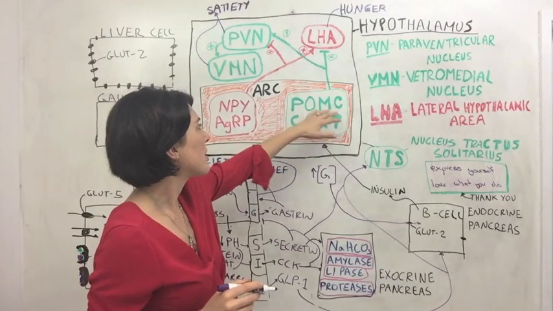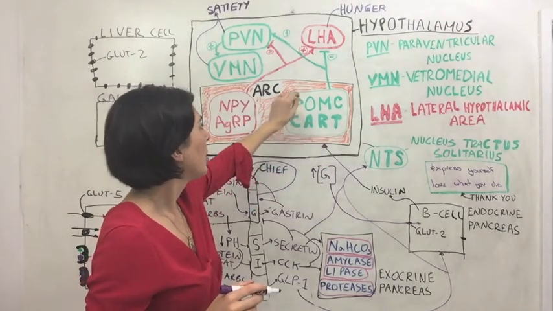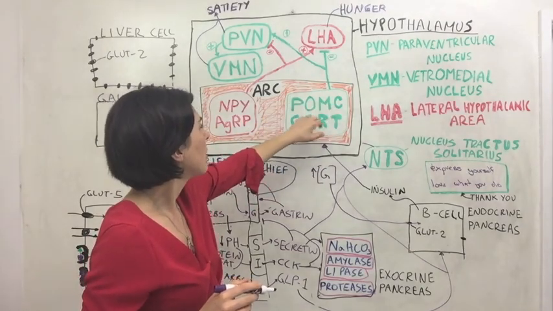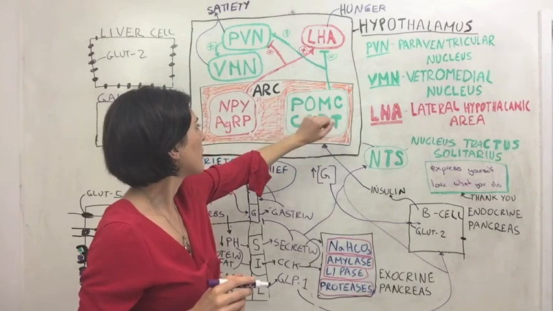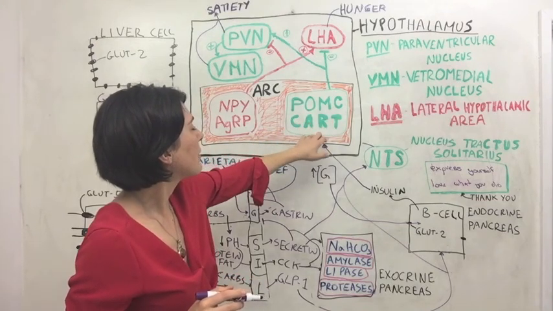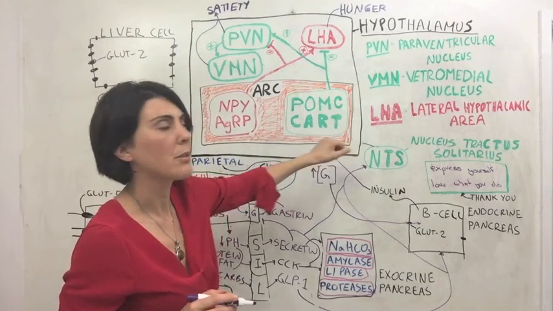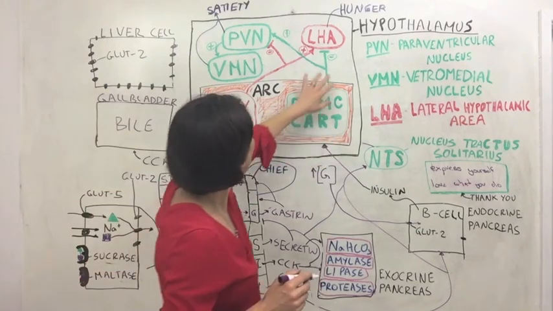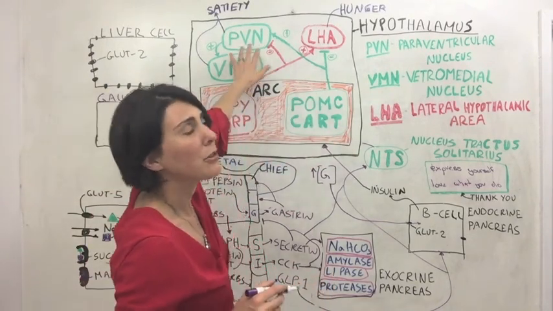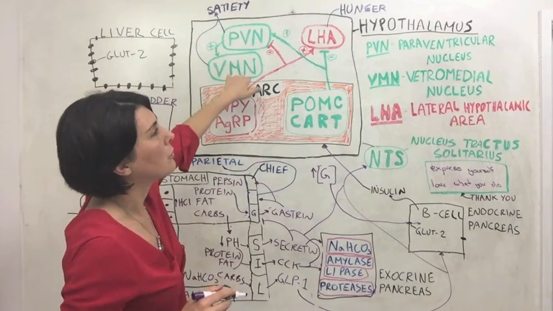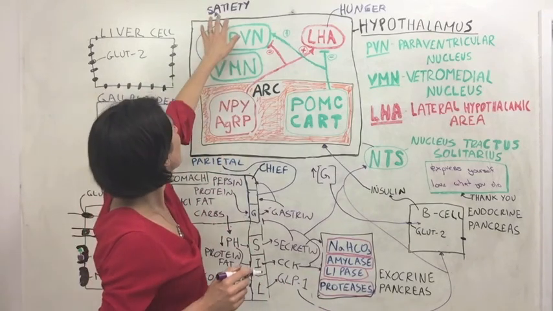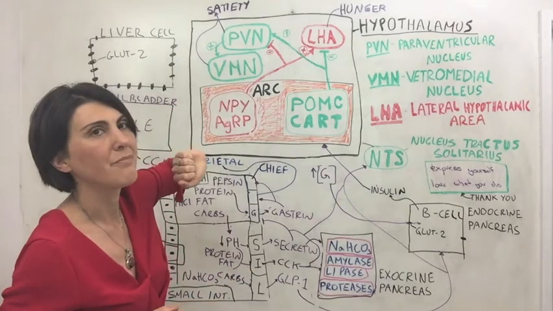POMC stands for pro-opiomelanocortin, and CART for cocaine and amphetamine related transcript. These then activate the paraventricular nucleus and the ventral medial nucleus, which both result in satiety.